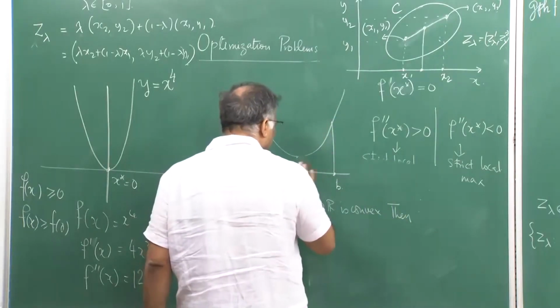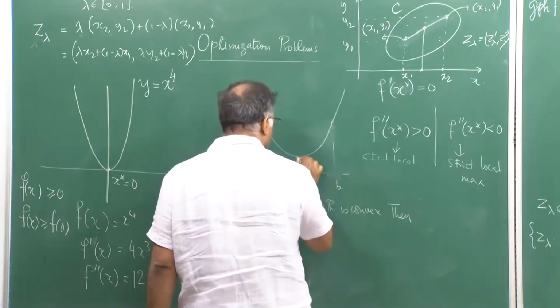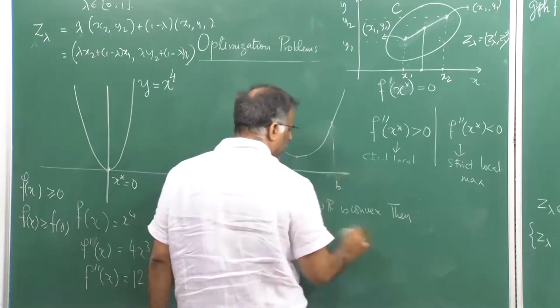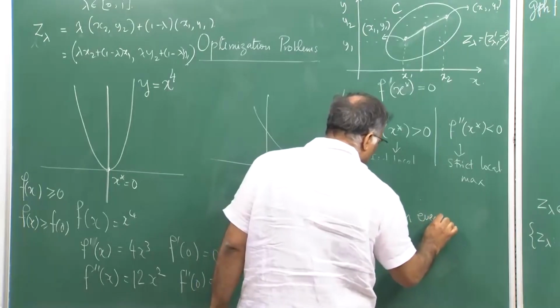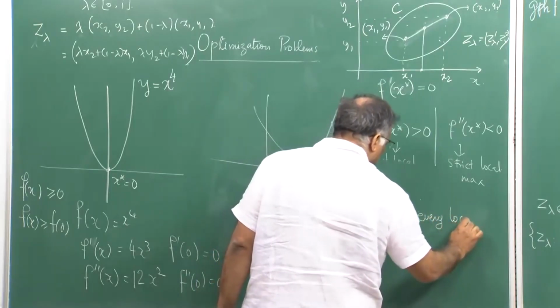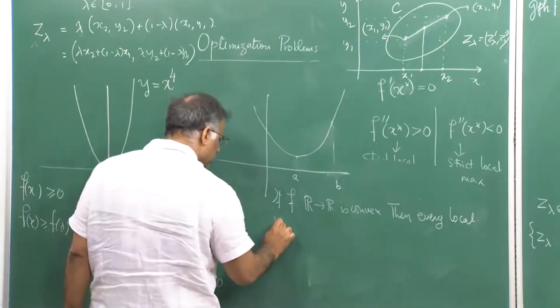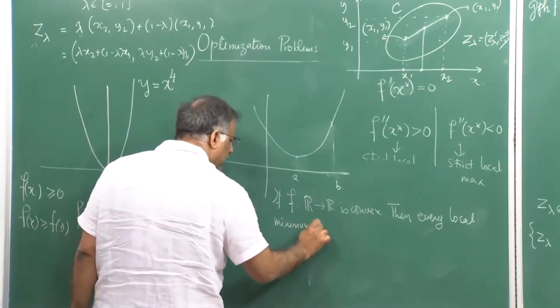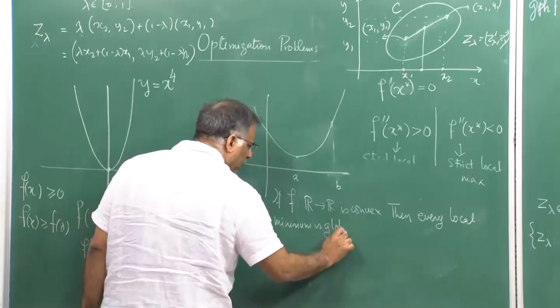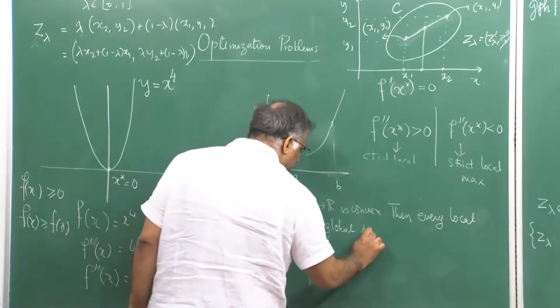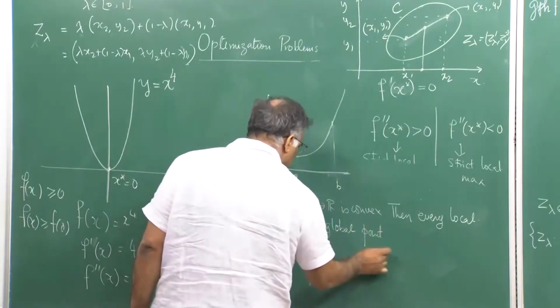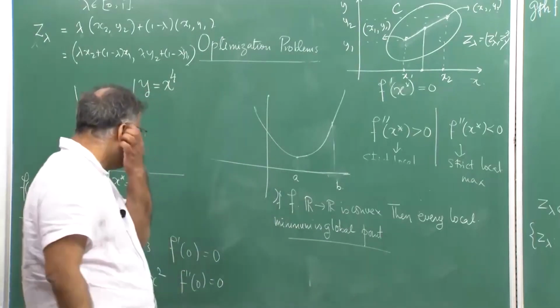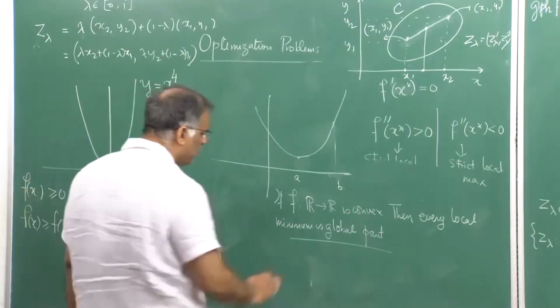Even if I do not take this a b, forget this interval, then every local minimum is global. This is a very important point. So, a is a global minimum point.